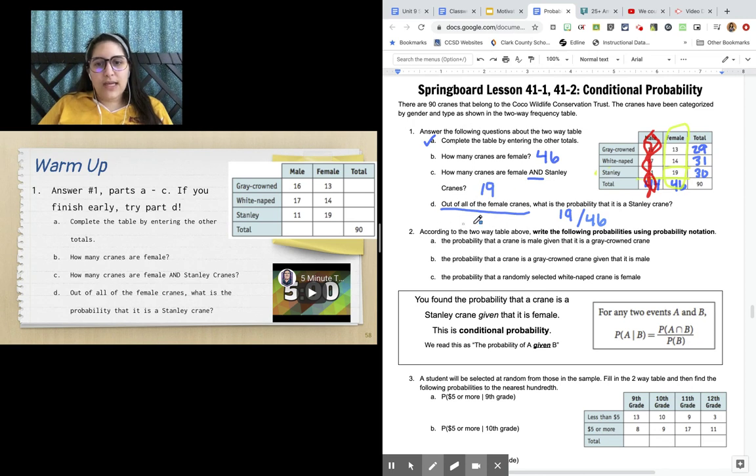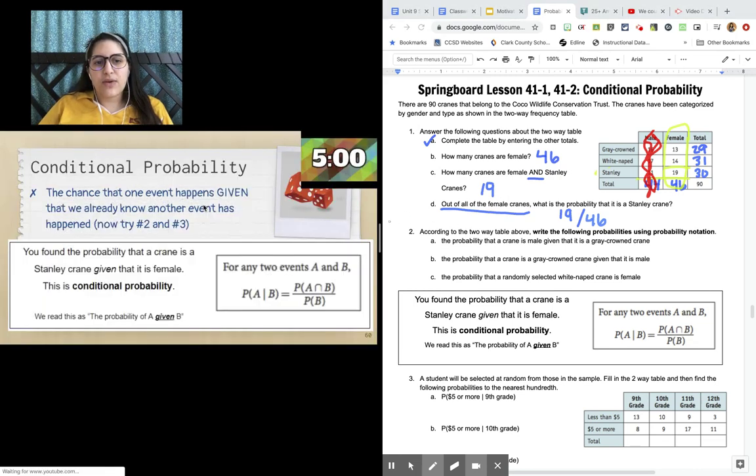So what we just did here is called a conditional probability. I gave you a condition, or a restriction, and then we found a probability just within that category instead of within the whole group. So if you look on the left side of your screen, I give you an actual definition of conditional probability. Conditional probability is the chance that one event happens given that we already know another event has happened.